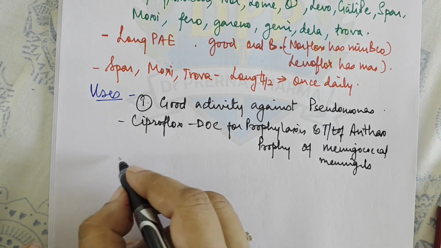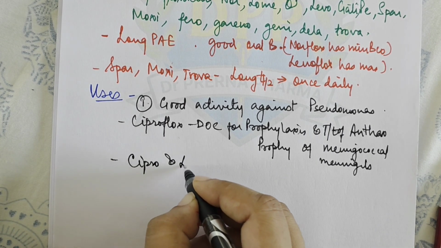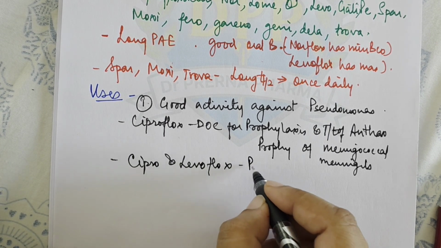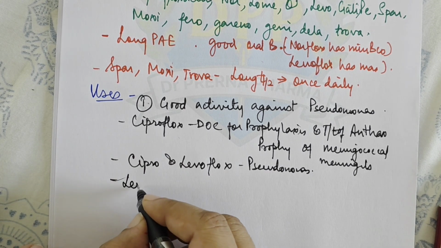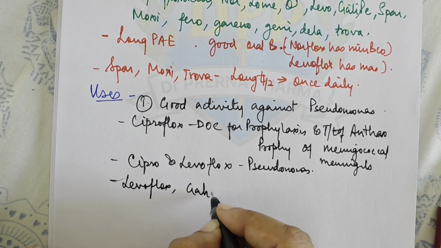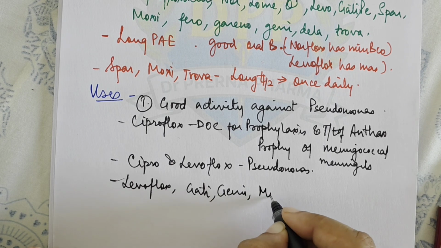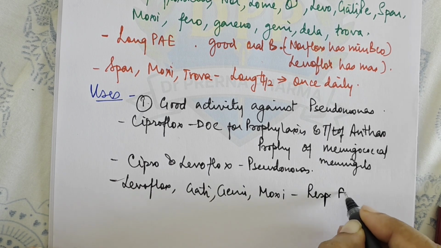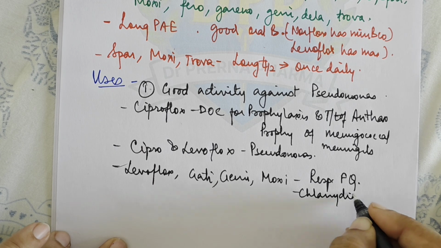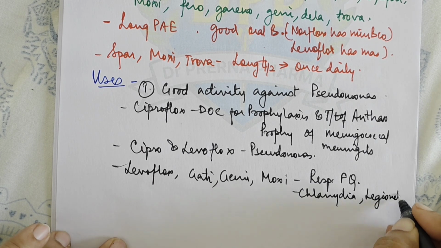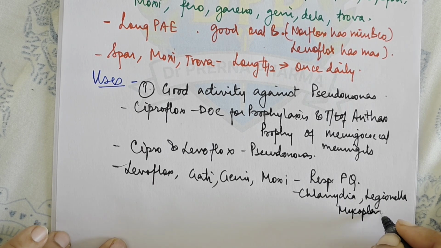Okay. Then Ciproflox and Levoflox are used against Pseudomonas. Levoflox, Gati, Gemi, and Moxi are also called respiratory fluoroquinolones due to their enhanced activity against Chlamydia, Legionella, Mycoplasma.